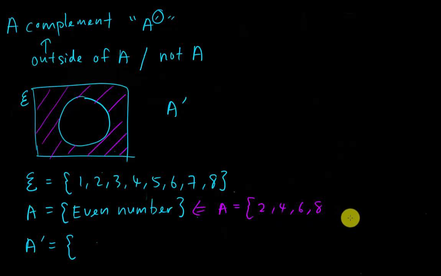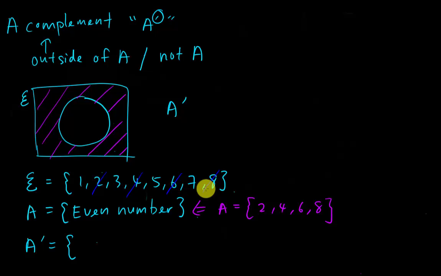I will not put 10, because the universal set tells me I only have numbers until 8, so I will not go to 10, 12, 16 and all that. So I will stop here. This is my A. So not A means everything outside of A. So what is not A? That means I have to cancel all the A. A is 2, 4, 6, and 8.